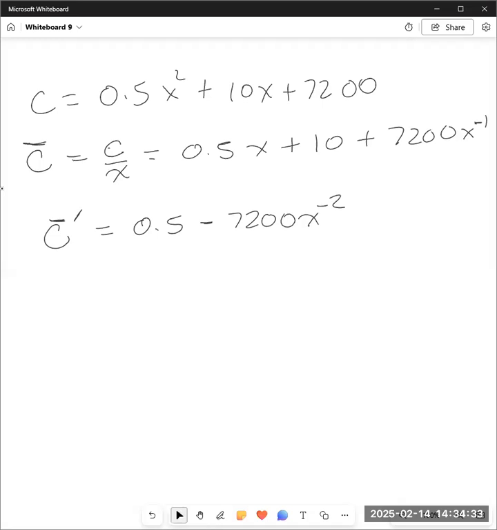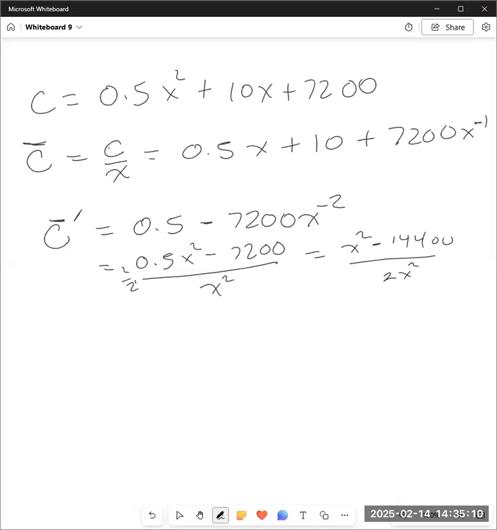Since we're using second derivatives here, let's first find the critical numbers by setting this to 0. 0.5 minus 7,200 over x squared equals 0. I want to multiply by 2 to get rid of that fraction, and 2 times 7,200 is 14,400.